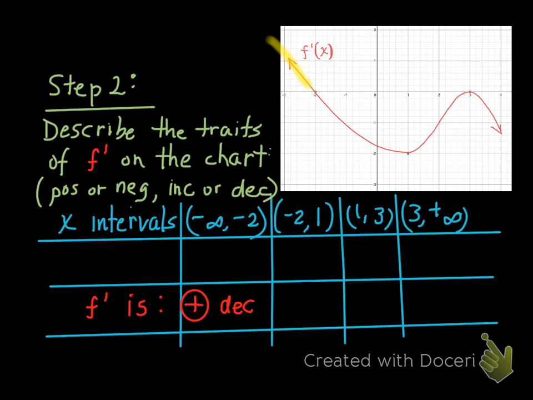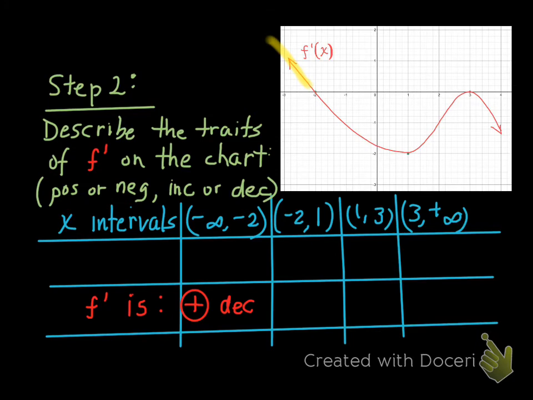So my two descriptions here, and I'll have this in each box, in this interval, f prime is positive. What do you mean it's positive? It's going downhill. No, I mean the outputs in each point in that interval are positive, right? I'm talking about the graph lives above the x-axis. It's positive there. And its behavior from left to right is decreasing.